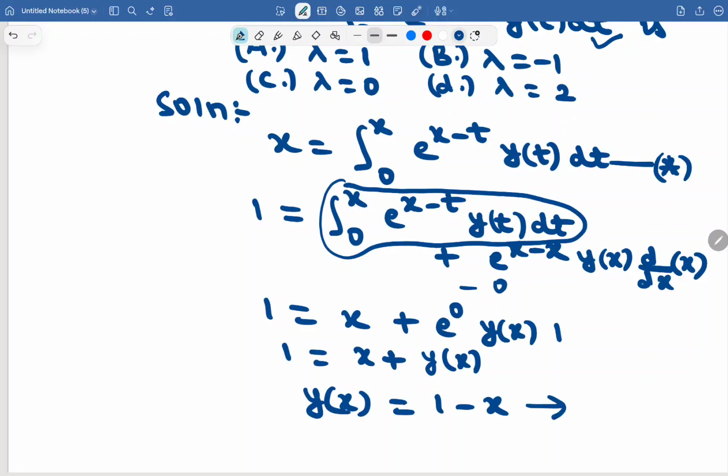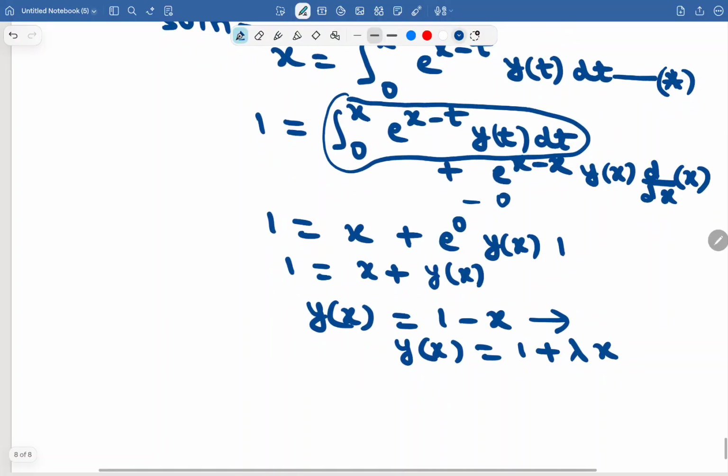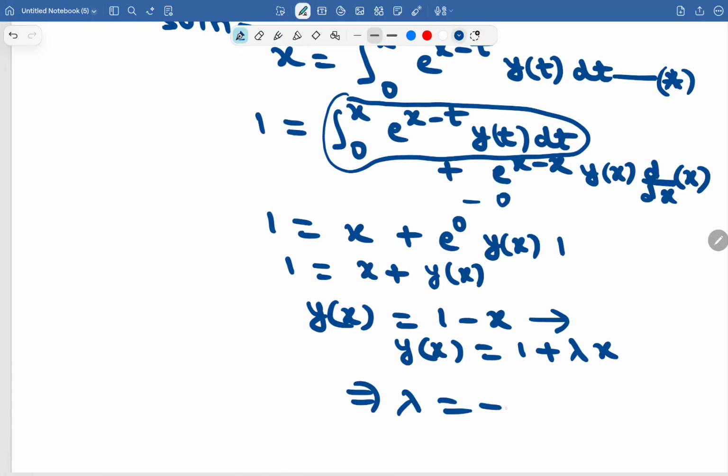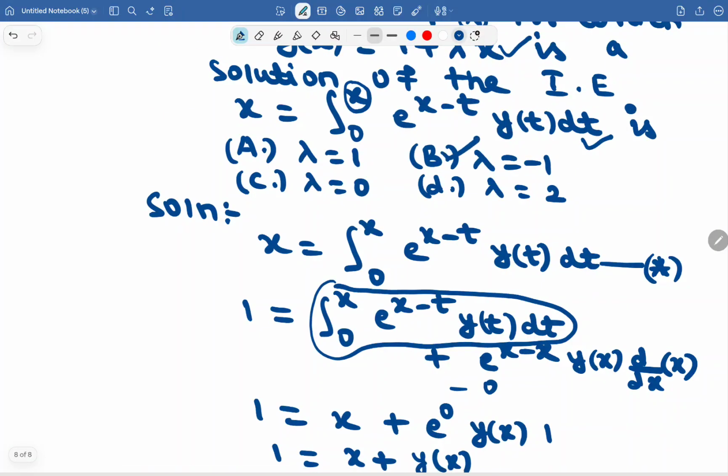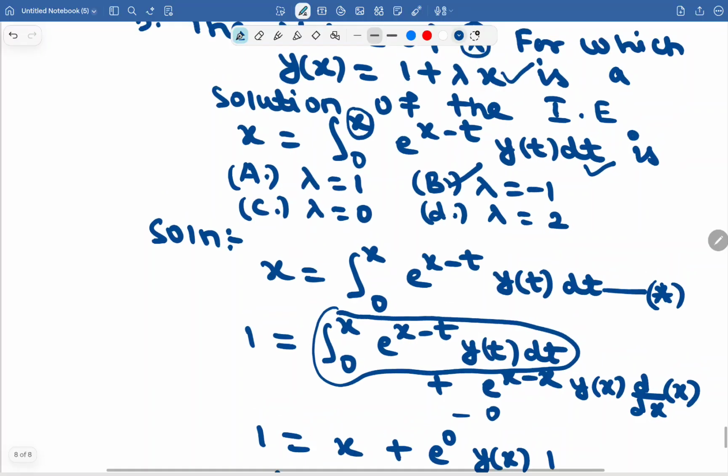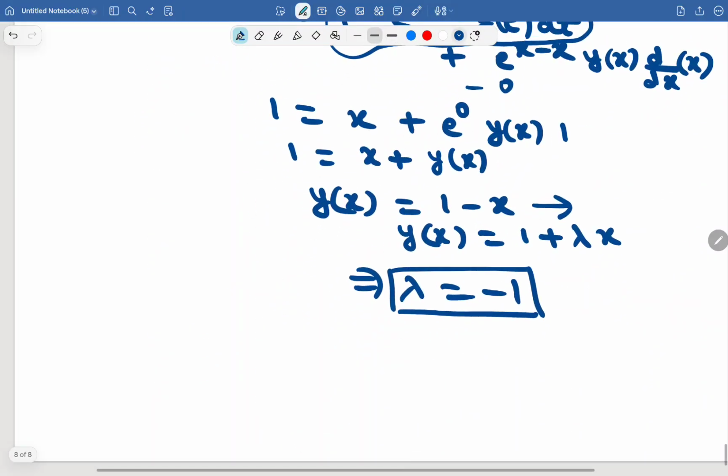If you compare this with y of x equal to 1 plus lambda x, we get lambda is minus 1. For this problem, lambda is minus 1 is the answer. Sixth sum.